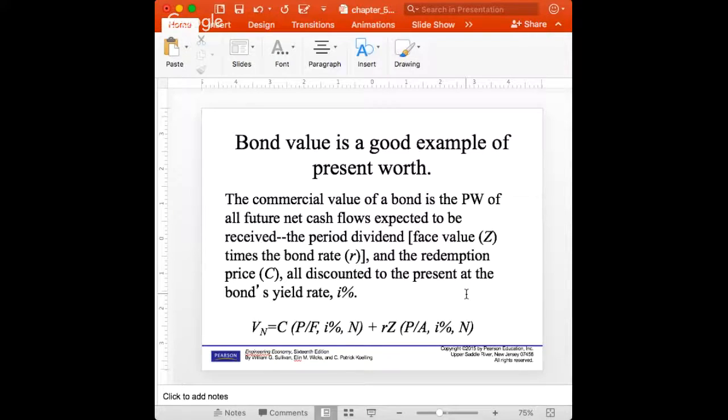So the only things that we can solve for in this equation are V, the price of the bond, or we could solve for the yield, the rate of return for the bond, or we could solve for a price to sell the bond for. If we wanted to sell it before the maturity date, we could determine, based on what we paid for it and what yield we wanted, what we should sell it for.